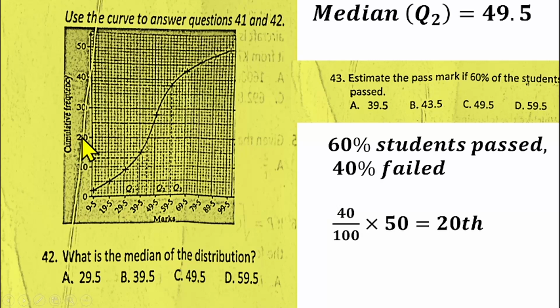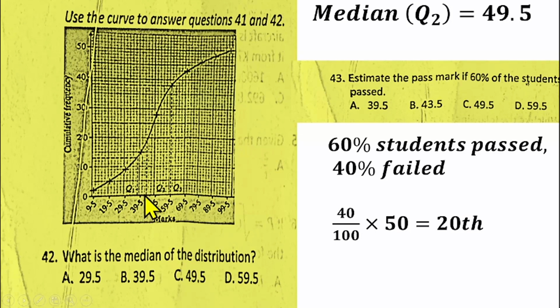So you go to your graph and draw a straight line here, and you trace it down. We have 5 lines in between this box and this box, and we are having 10 units between them.